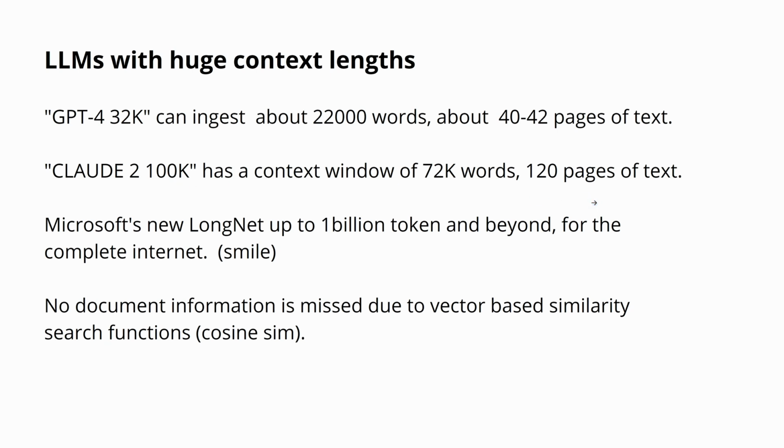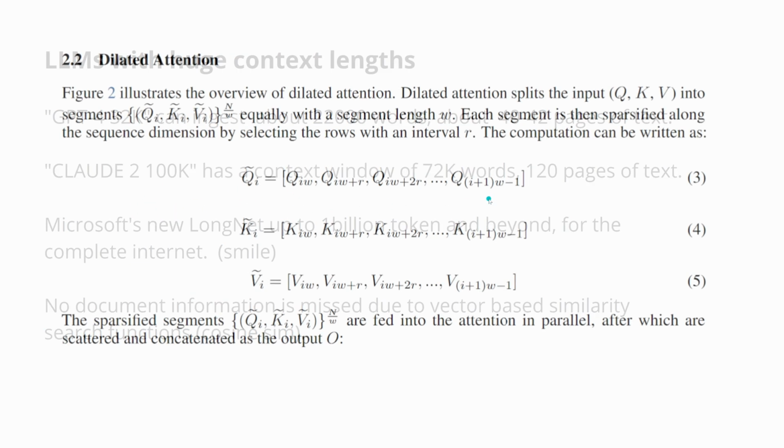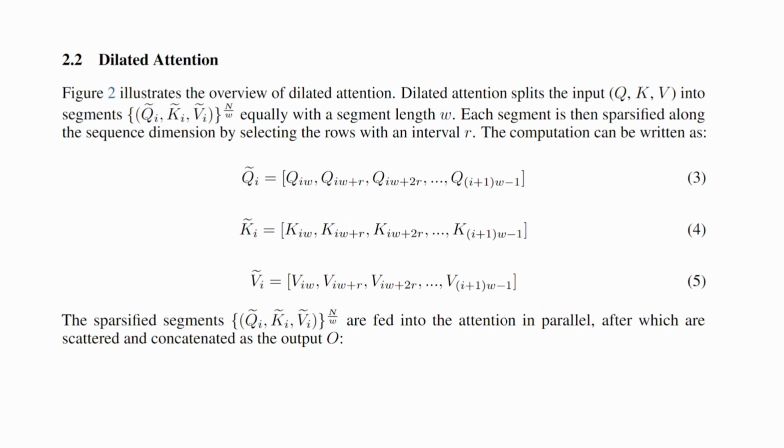So this is something that is really a very nice new development. We just have to look out if all the content, independent of where it is positioned from start to end, is really read with the same attention.